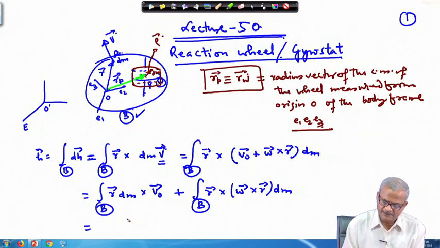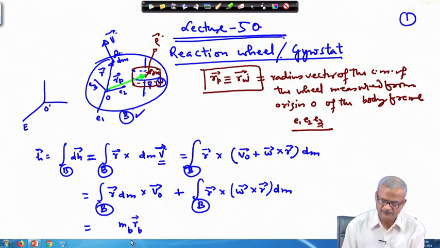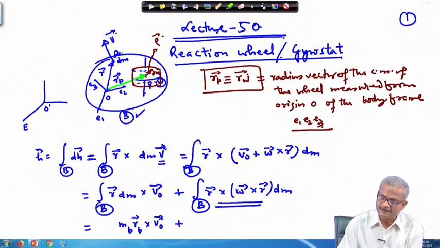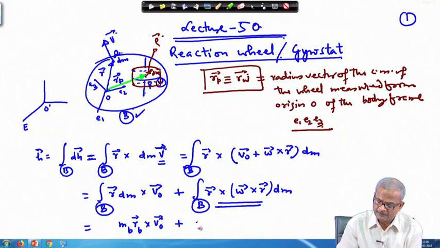So, this gives us r times dm, the location of the center of mass of the body. So, this is m b times r of the center of mass of the body cross v 0, and plus this quantity, as we know, this is the angular momentum, this part can be written in terms of moment of inertia.